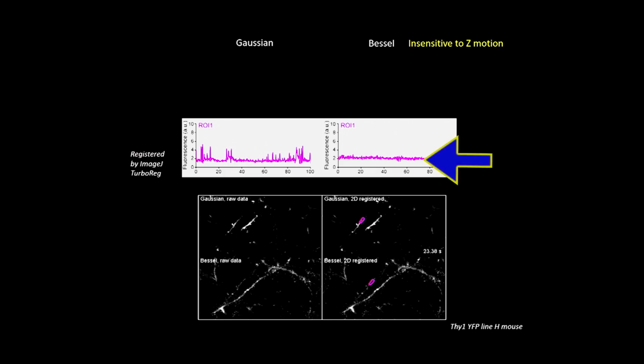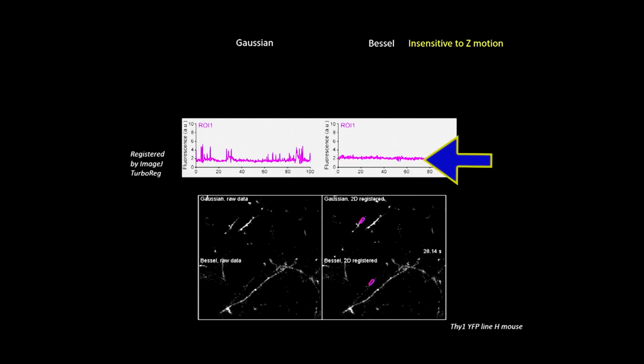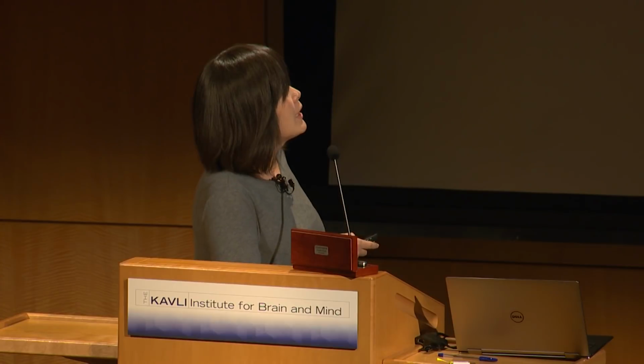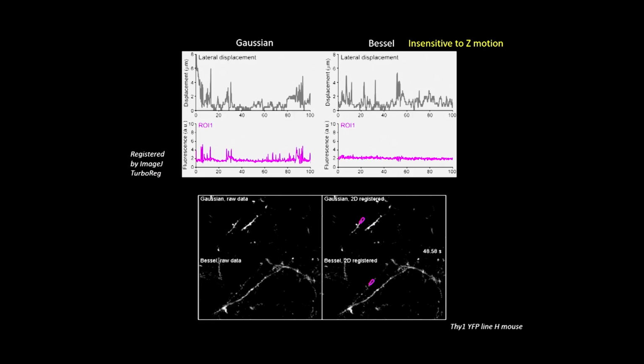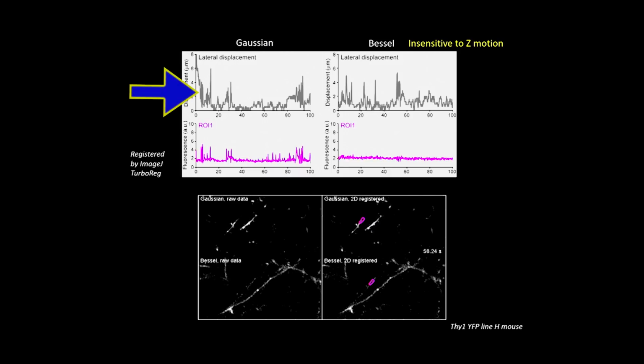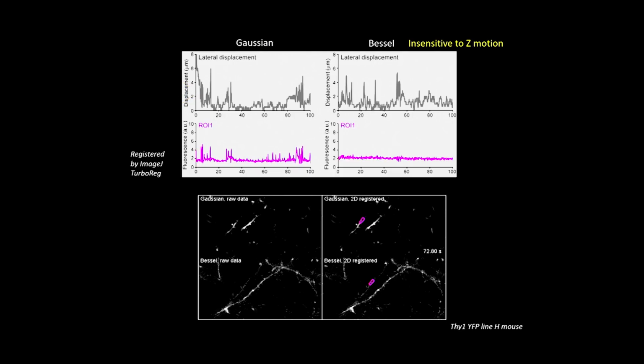However, when you look at the Bessel data, you don't see those transient-like variations. Now, we could also quantify how much the brain is moving. And when we do that, you actually realize that all those transients we see here are very strongly correlated with the motion of the brain. So then you can say, well, how do you know this is not activity?